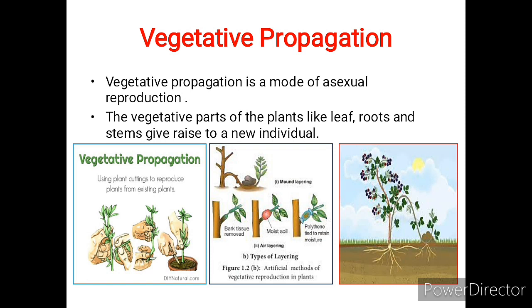Now let's discuss vegetative propagation in leaves. Vegetative propagation is a mode of asexual reproduction. The vegetative parts of the plants like leaf, fruits and stems give rise to a new individual.